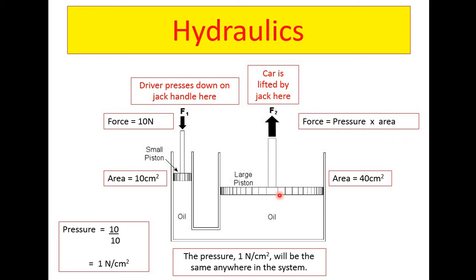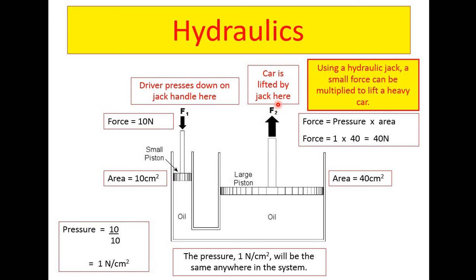The area is given, the pressure is also given, so the answer will be 40 Newton. So F2, or the output force, will be equal to 40 Newton. As you can see, here is 10 Newton, and here the force is bigger. Always like that: here smaller, here bigger.